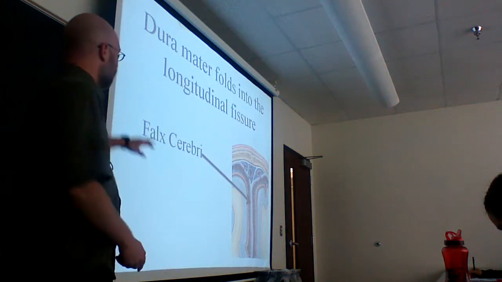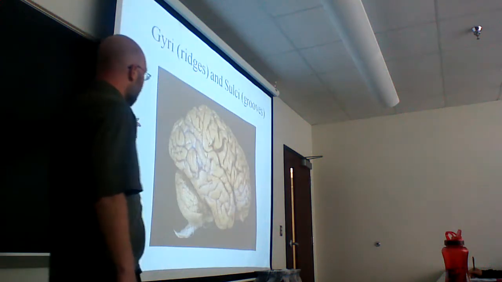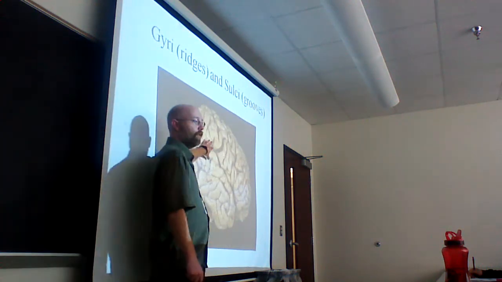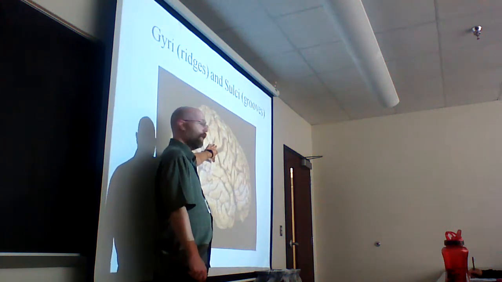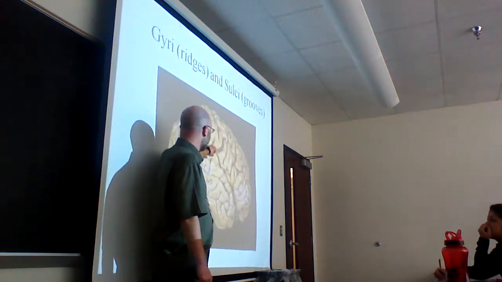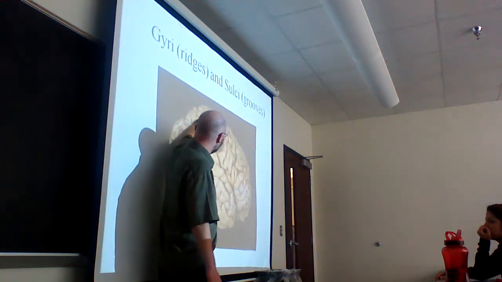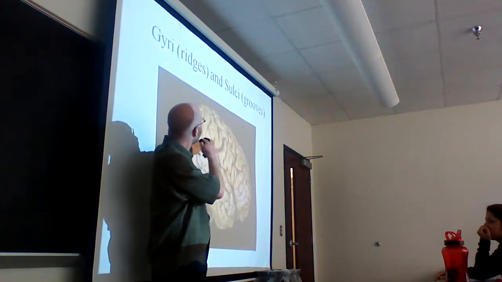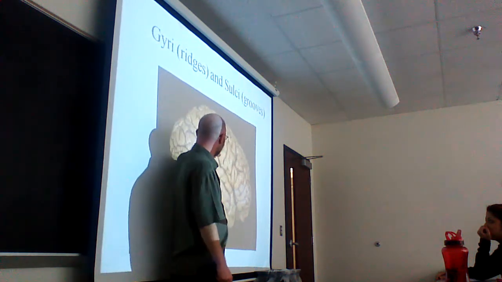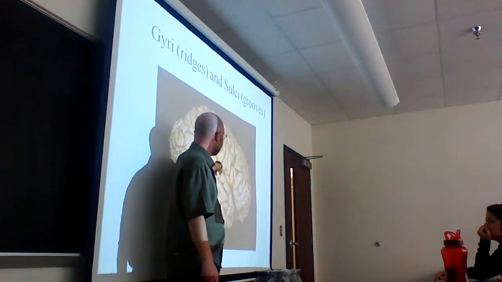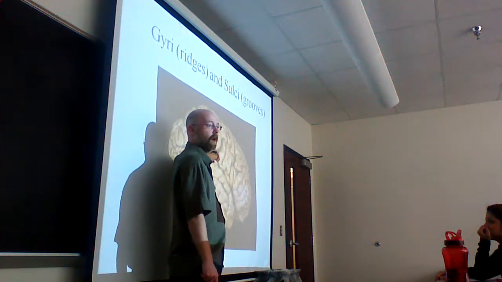So, we'll see. We got the wrinkly mess, right? The wrinkles are important, as it turns out. We've got a lot of the ridges, right? Ridges are gyri. We've got the grooves between the ridges, right? These are the sulci.